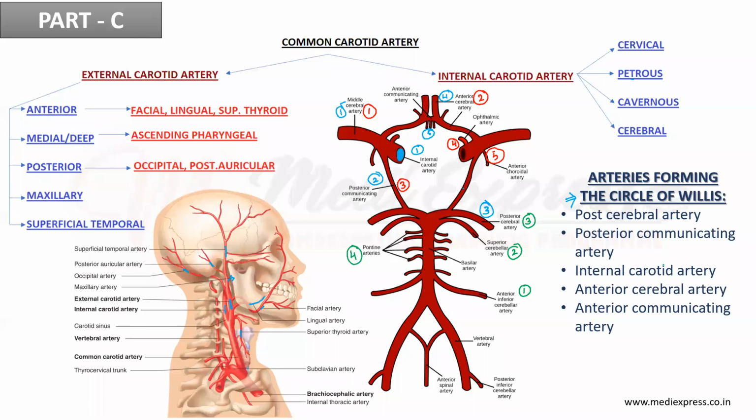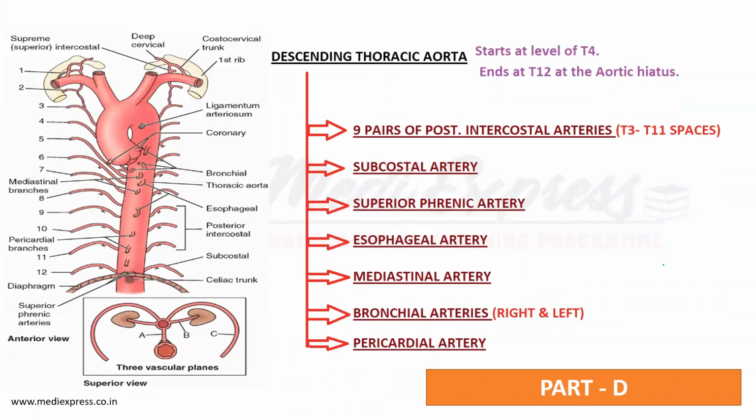So the next one, we'll go to the descending thoracic aorta. Now, coming to the descending thoracic aorta, or you can just call it the thoracic aorta, the thing you need to remember is that it starts from the level of T4 and ends at T12 at the aortic hiatus.